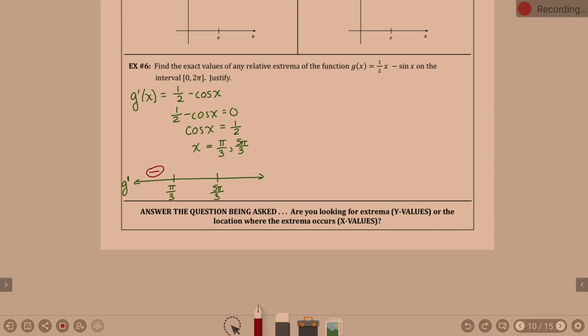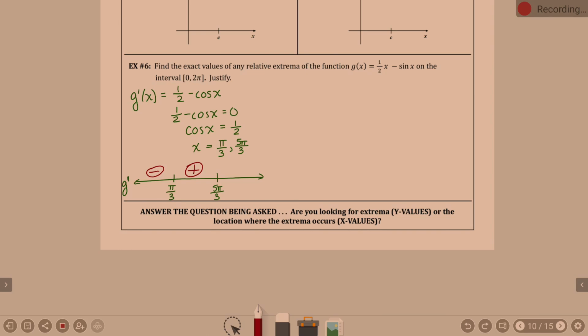In between pi over 3 and 5 pi over 3, pi would be easy. So 1/2 minus cosine of pi. Cosine of pi is negative 1. So 1/2 minus negative 1 is going to be positive.